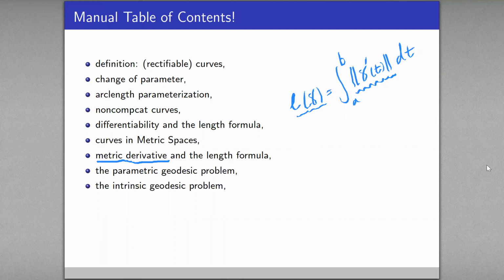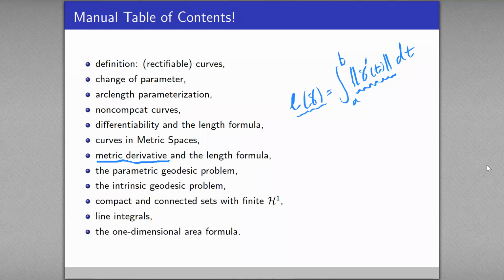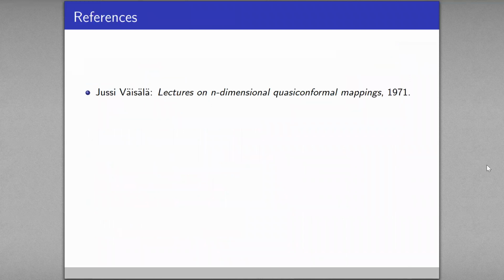Both the parametric version and also the intrinsic version where curves are not defined as parameterized from an interval, but rather via intrinsic metric properties, for example, that they are compact, connected with finite Hausdorff measure. Then we define line integrals, and maybe we talk about the one-dimensional area formula, though about that I don't make a promise.